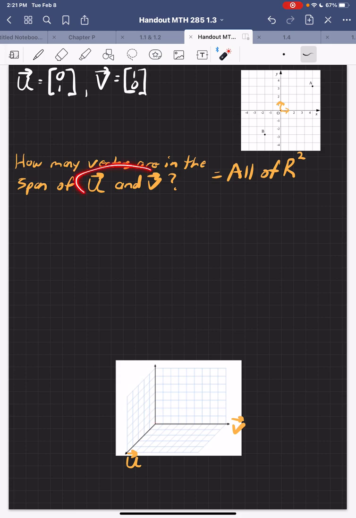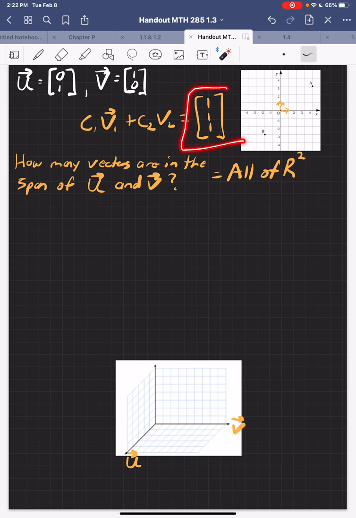Now, the question I have is, can you reach this point, 1, 1, 1, through linear combinations of these vectors? Right, linear combination, c sub 1 times v sub 1 plus c sub 2 times v sub 2. That's the notation I've been using. Is it possible to reach the point 1, 1, 1? Well, clearly not.